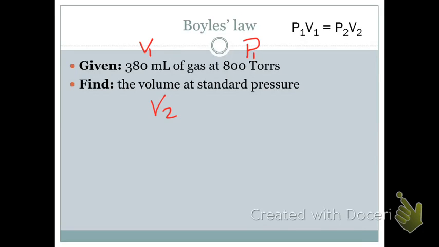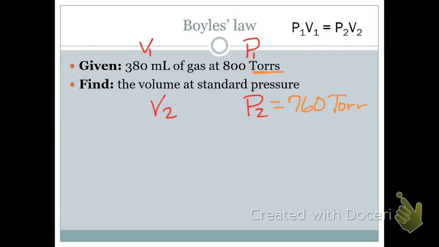V2 I need to find, and my standard pressure, or P2, is going to be the standard for torr. Well, what's the standard for torr? 760. And some people say torrs, some people say torr. I believe it should just be torr.